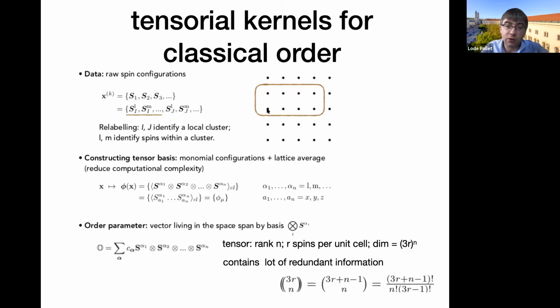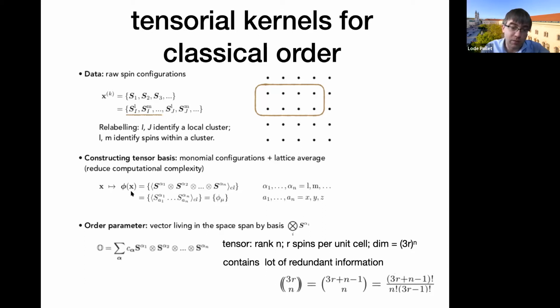And then we are going to define tensors essentially based on these spins. So we are going to have, in this case, 8 spins. Each of them may have components X, Y, Z, and we just build a tensorial basis like that. And now any local order parameter can be expressed in this tensorial basis with unknown coefficients C alpha.